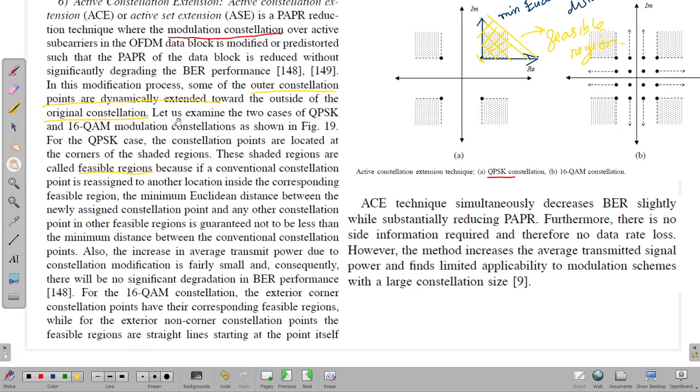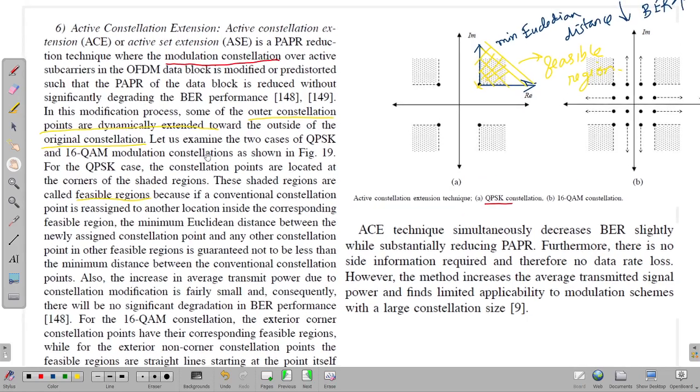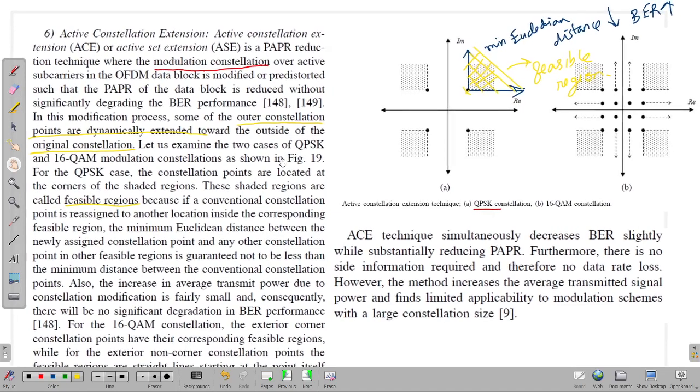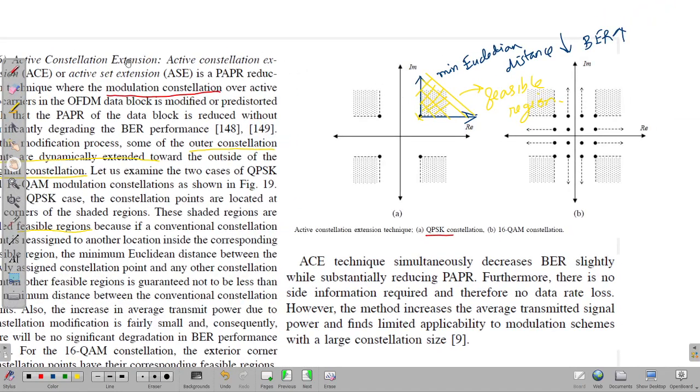As a disadvantage, you can see that there are actually 2 main disadvantages for this. One is that if you change this constellation point to any other point in this feasible region, then you are actually increasing the power of this OFDM transmission.